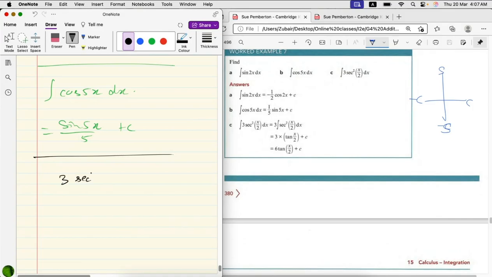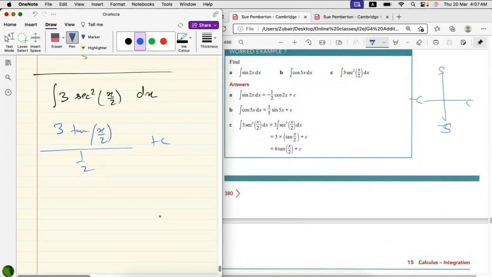Integrating 3 secant square x by 2 dx, this 3 just comes down along as constant. Secant square becomes tan x by 2, and differentiation of angle is 1 by 2, and we divide with the differentiation, plus c. Simplifying that makes it 6 tan x by 2 plus c.